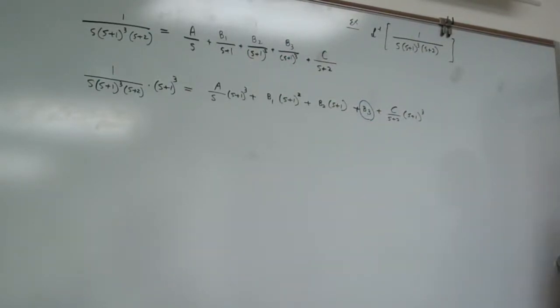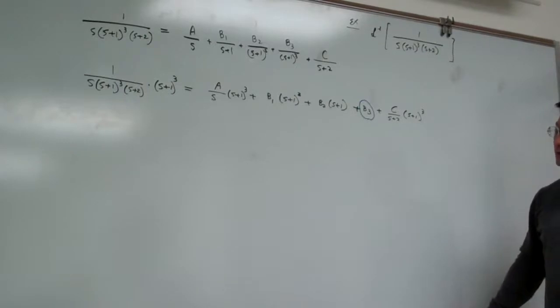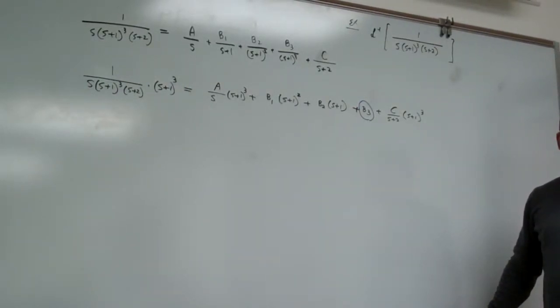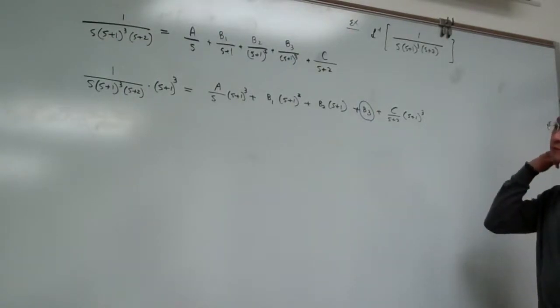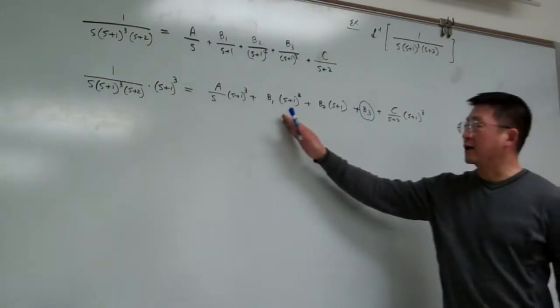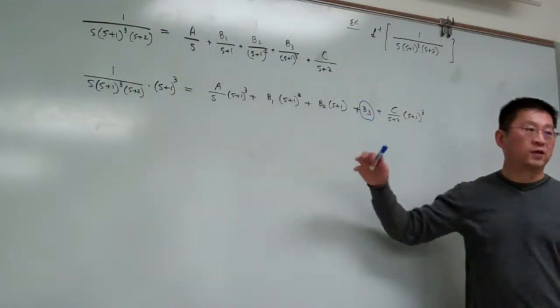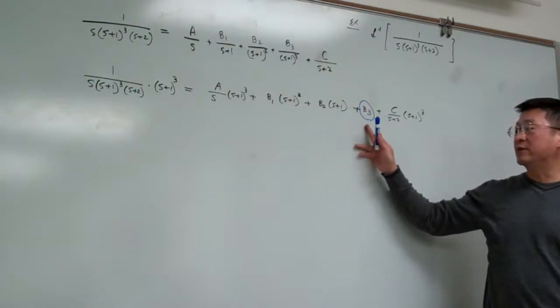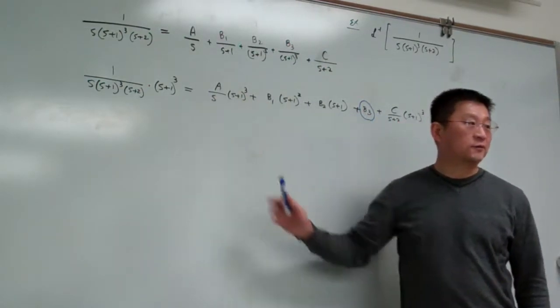So we can use the similar concept and try to find a good number for S such that the remaining terms on the right-hand side disappear or become 0. Then the B3 value will be that one, right?